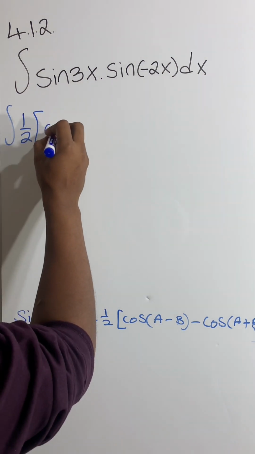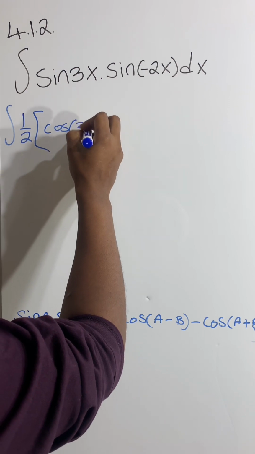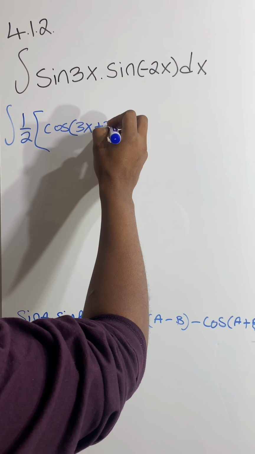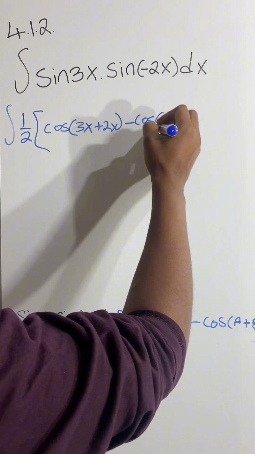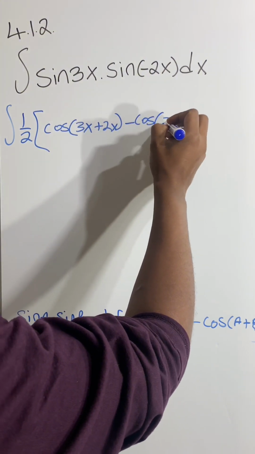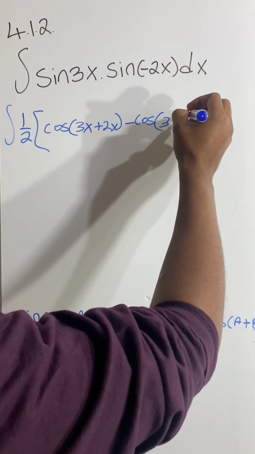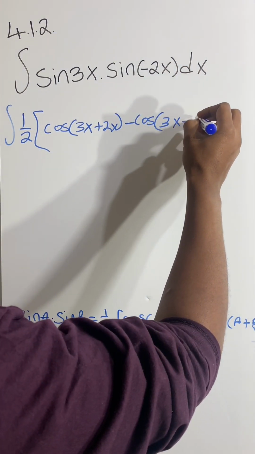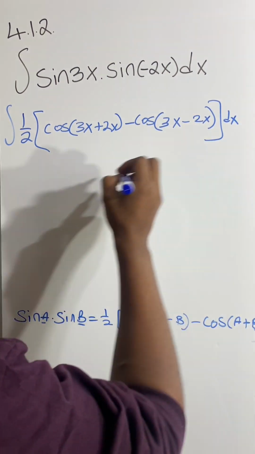is 1 over 2 cos of a minus b, so we have 3x minus 2x, so that minus will be positive, 2x, minus cos of a plus b, our a is 3x and our b is negative 2x, so that negative plus that positive will be negative 2x dx.